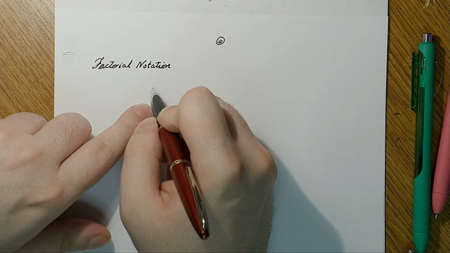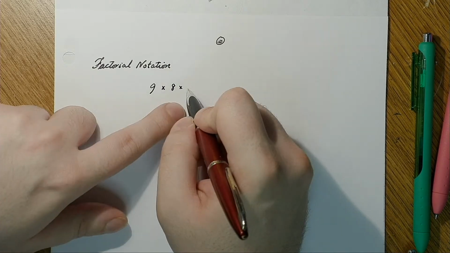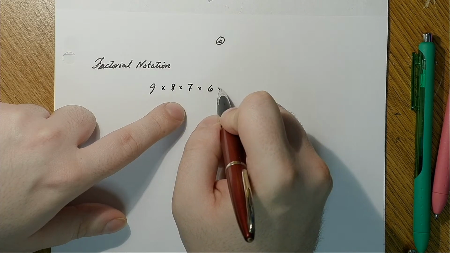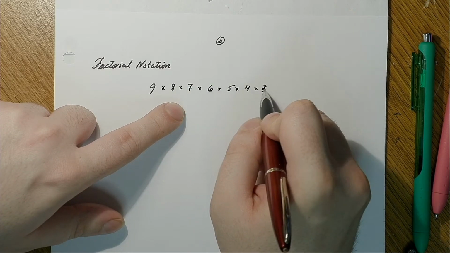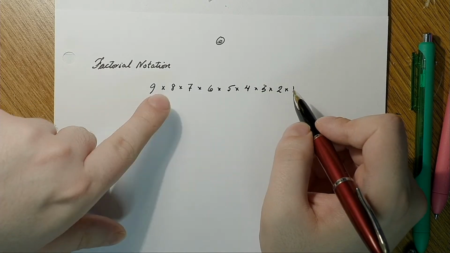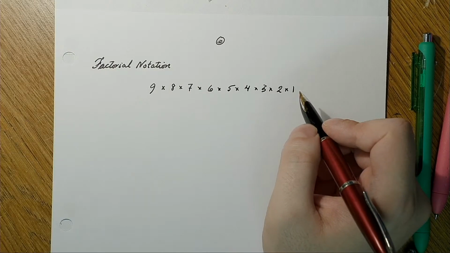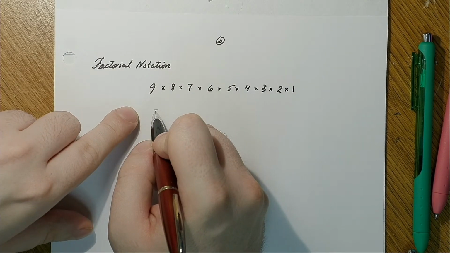Now, there's something in mathematics where, let's say I have 9 times 8 times 7 times 6, all the way down to 1. So I'm multiplying all the numbers from 1 to 9. This can be quite tedious to write out all the time.